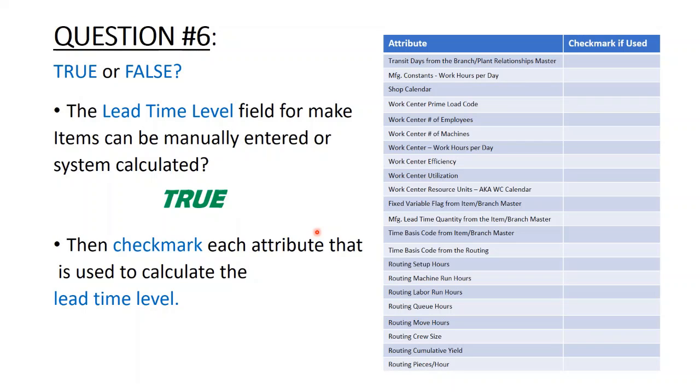Take a moment, review the list, check each attribute that is used to calculate the lead time level. If you got these attributes, award yourself a point and another for the true-false part.